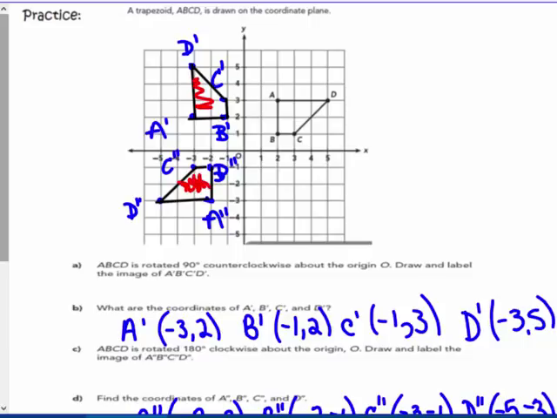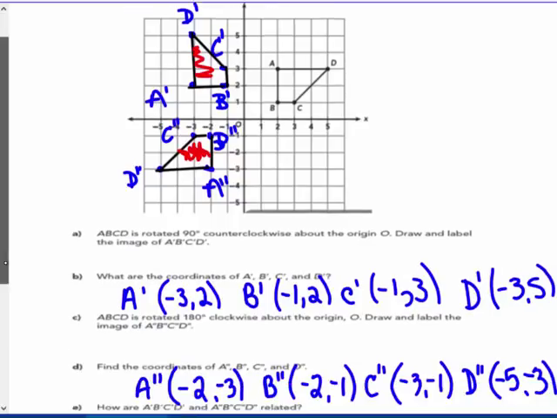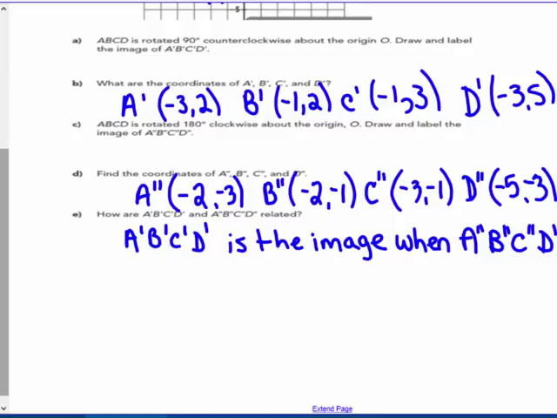So to me it looks like it's going 90 degrees clockwise about the origin. 90 degrees clockwise. Okay, so it is rotated 90 degrees clockwise.